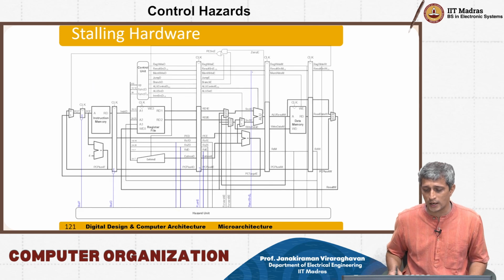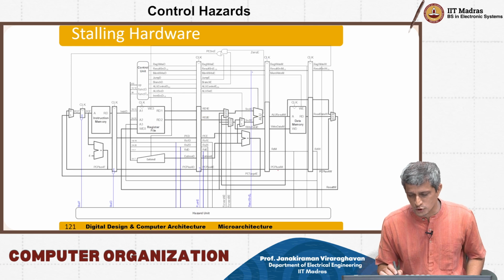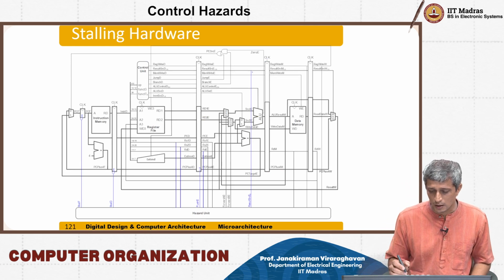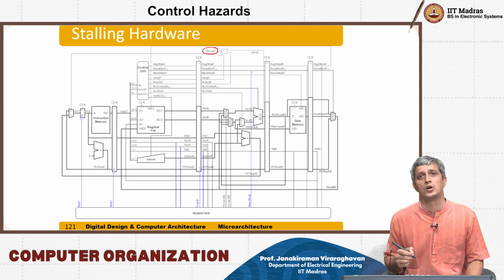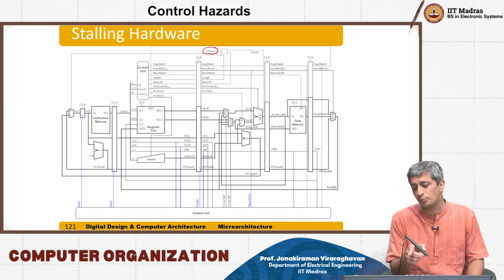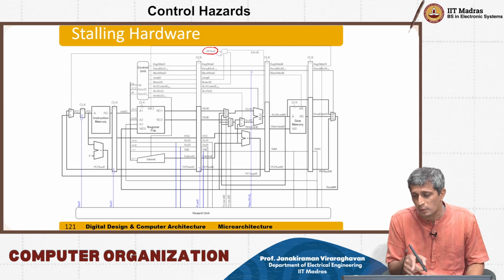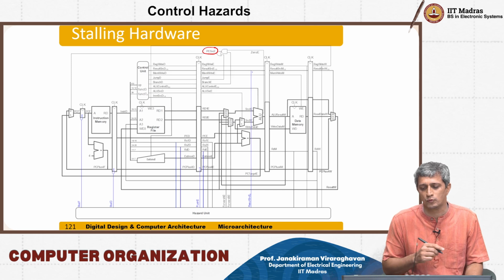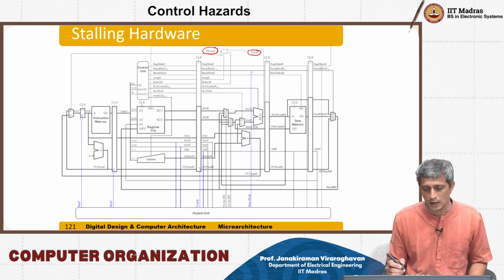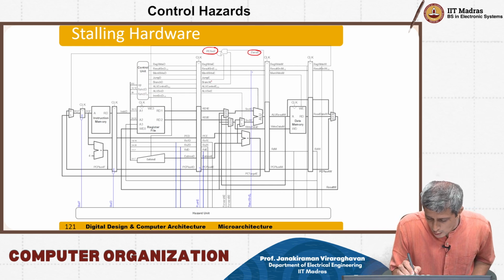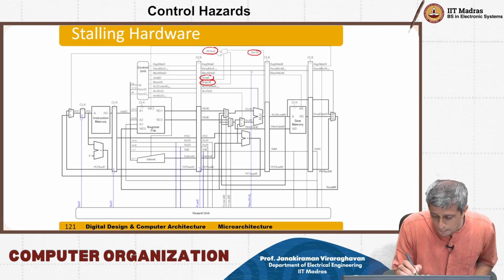Let's go back and look at this out here. We are looking at the PC source E, which is essentially the output of that AND OR gate. That gate is being controlled by the 0 flag of the ALU, so you are looking for 0E, and the control logic has said it's a branch or a jump.